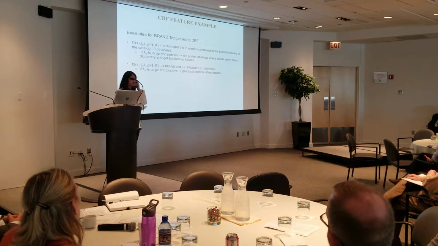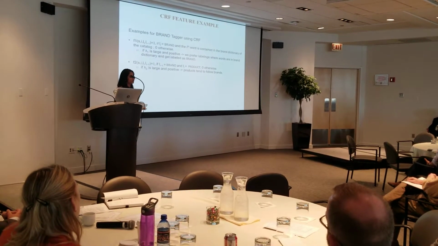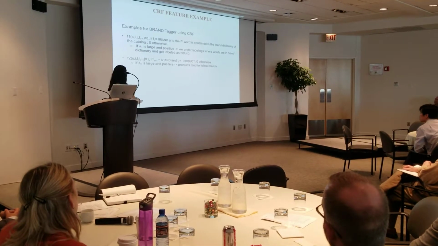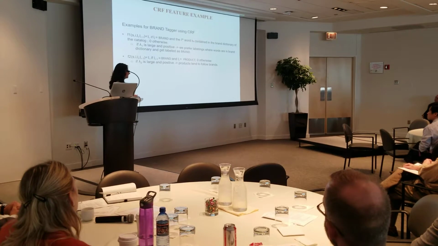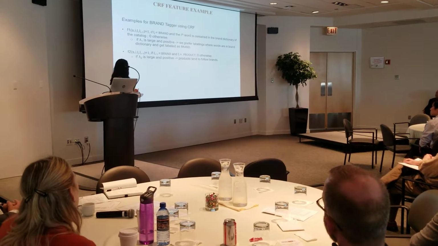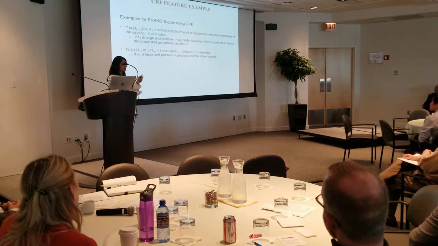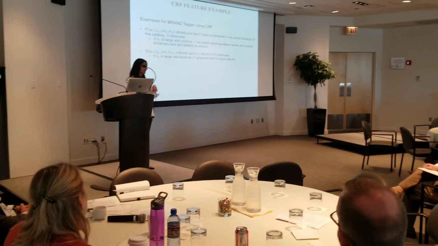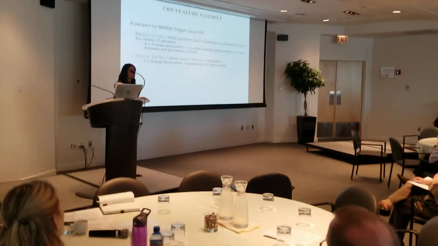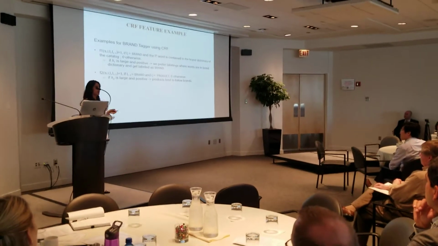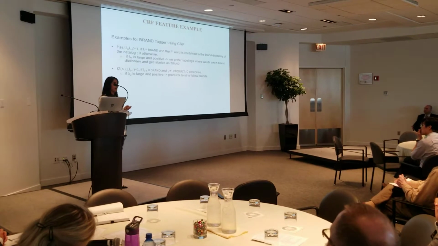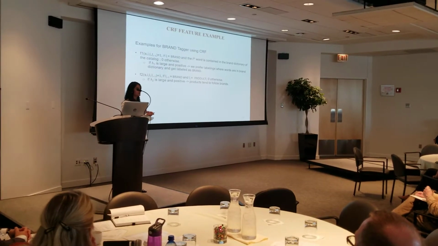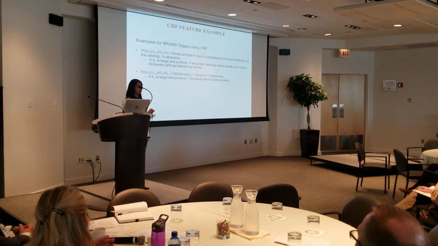Now what are the features? We can define what we want as features. So a feature could be: if the label is brand for the ith word, then mark it as 1. So the feature is 1 if we already have the word in the brand dictionary. Another feature, F2, could be: if the label Li is a product and Li minus 1 is a brand, then mark it as 1, because we've seen very often that products follow brand.